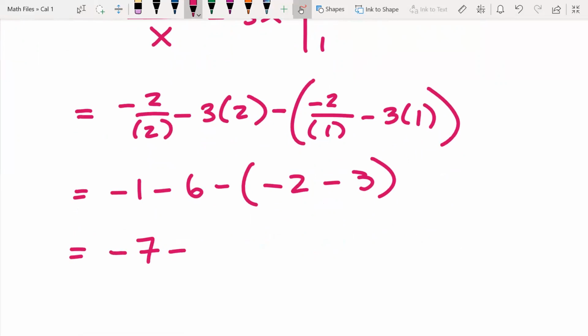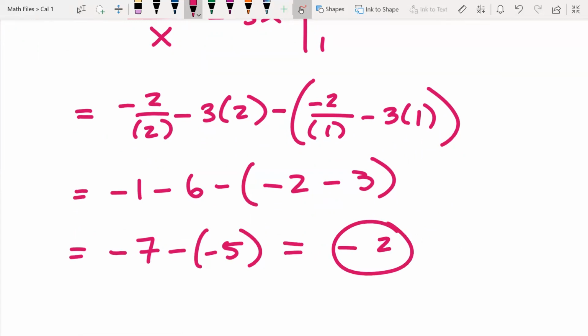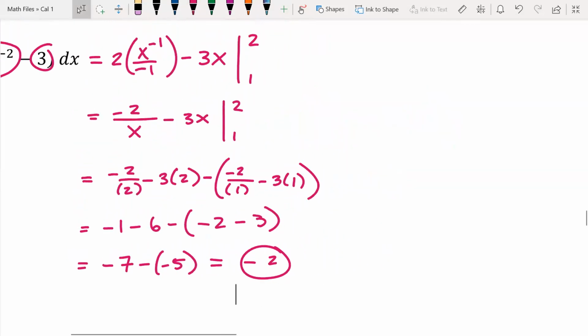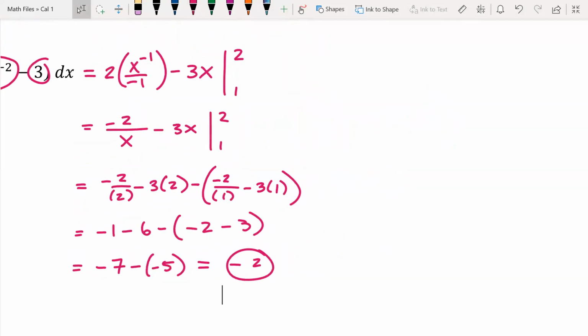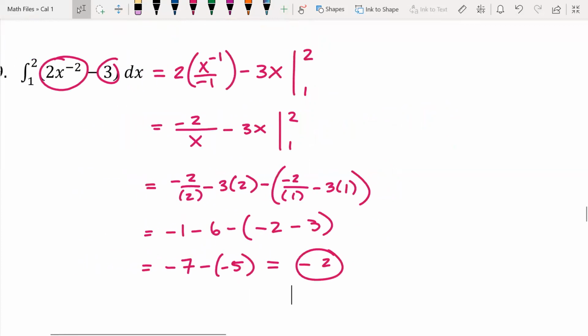Negative 7 minus negative 5, plus, we get negative 2. All right.